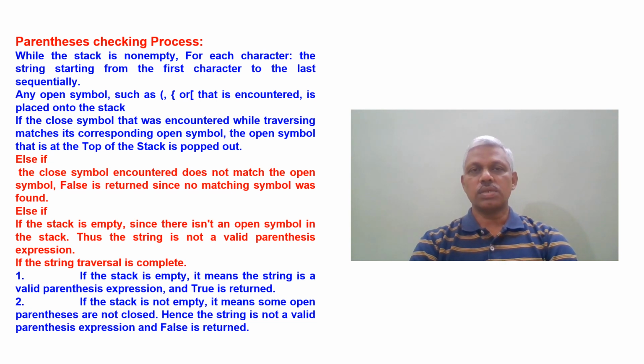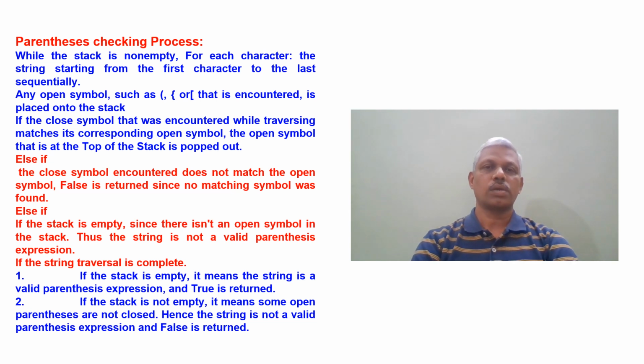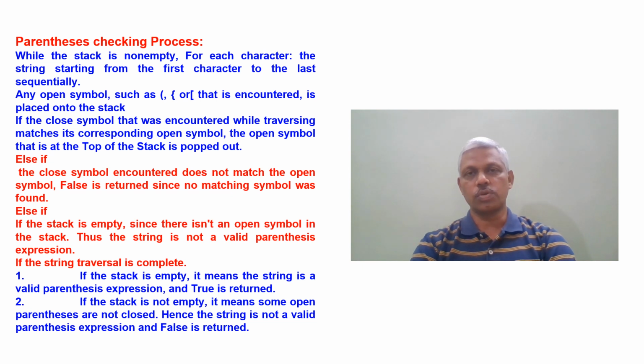So like this, if we keep on moving, sometimes we may push the left openings of the brackets, or sometimes we may encounter the right closings of the brackets continuously. So until the expression is completely scanned from left to right, we'll keep on pushing the left openings, and whenever a right closing is encountered, pop out the corresponding left opening bracket.